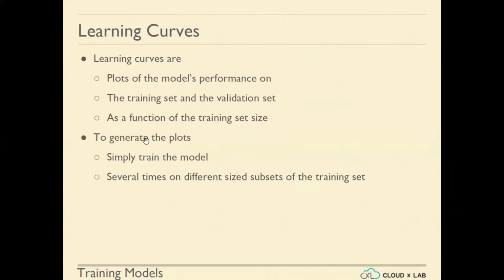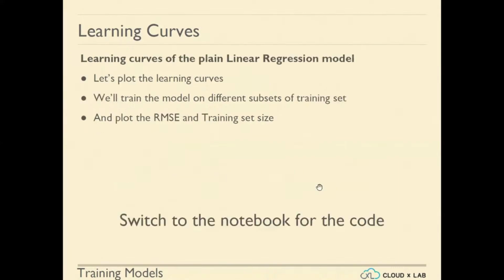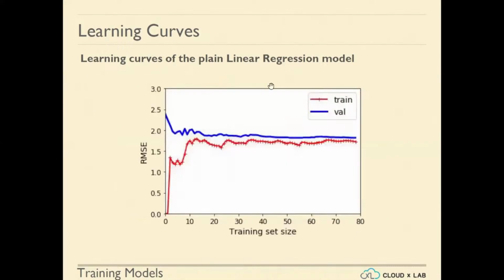Okay. So to generate a learning curve, we simply train the model on different sized subsets of the training set, right? Let's say we are solving a linear regression problem. For linear regression, if we originally have 100 training points, and you pick randomly and calculate training and validation performance, you will get this type of curve, right?